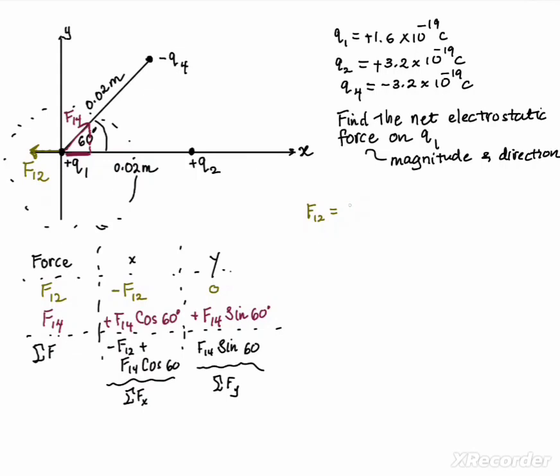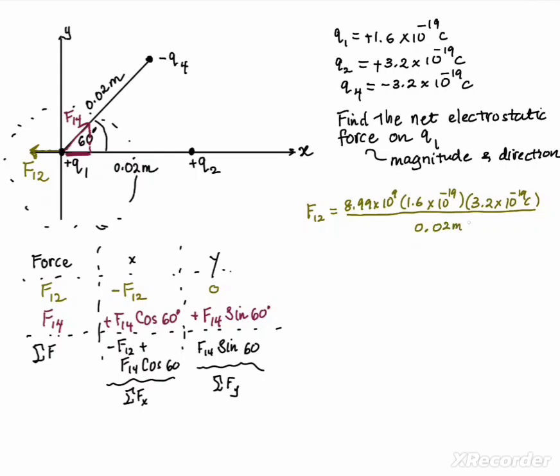So we have K, and this is Newton meter squared over Coulomb squared, times Q1, and then times Q2, divided by the distance between 1 and 2 squared.